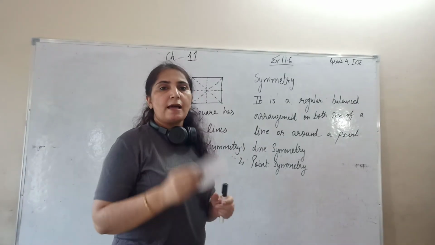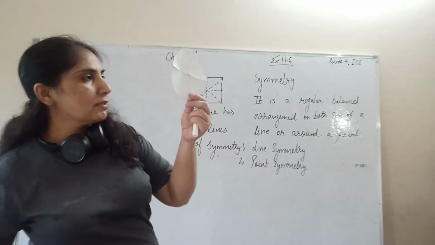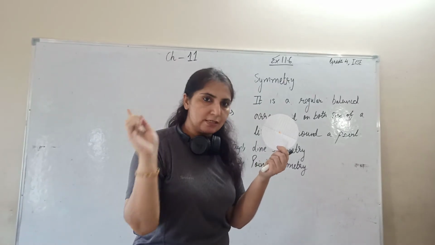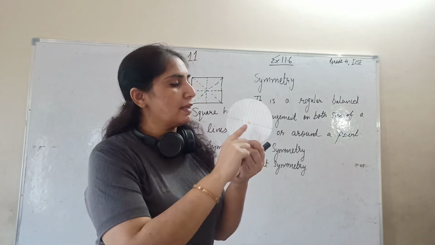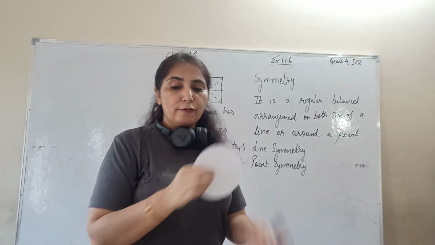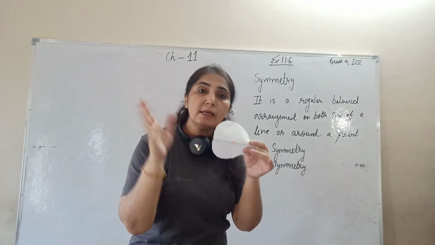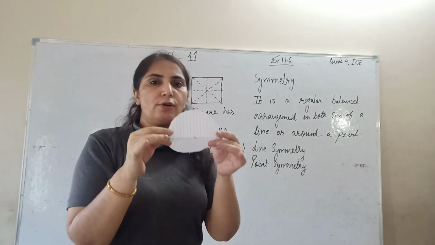If I take example of a circle, in a circle, in the middle there is a point which we discussed in the previous lecture as well. The fixed point in the middle of the circle is called its center. From center there are many ways to find the symmetry of the circle.